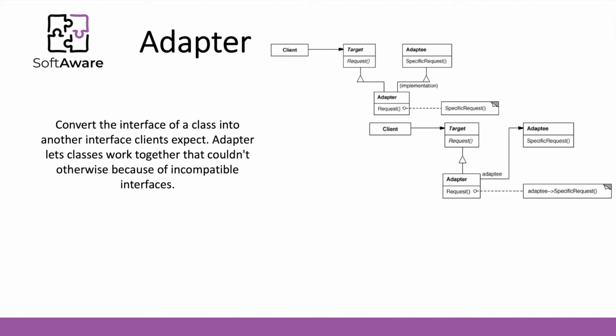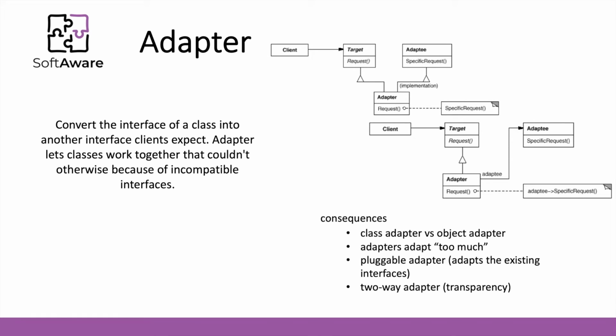So, when considering the class and object adapters that have different trade-offs, a class adapter adapts the adaptee to target by committing to a concrete adapter class. As a consequence, a class adapter won't work when we want to adapt a class and all its subclasses.